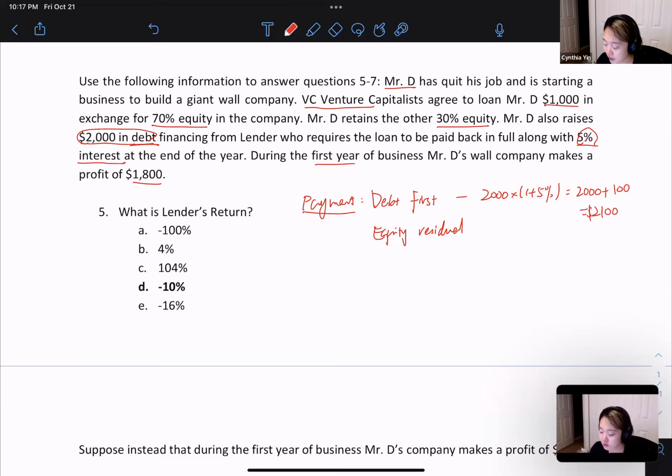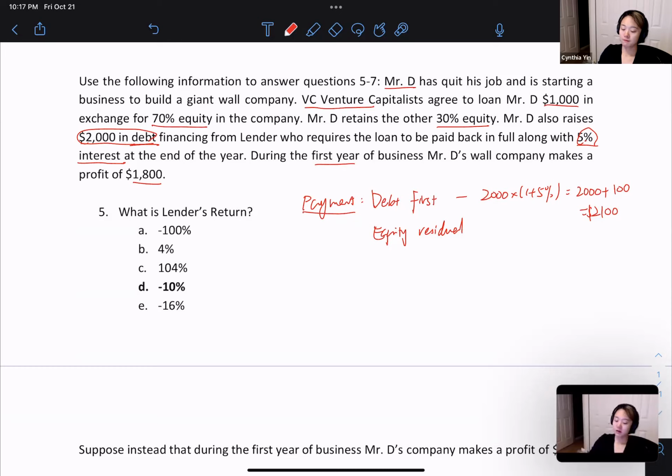So Mr. D has to pay back $2,100 first to the lender, but he only has 1,800. What's going to happen? He's going to give all the money to the debt holder and announce bankruptcy, unfortunately.